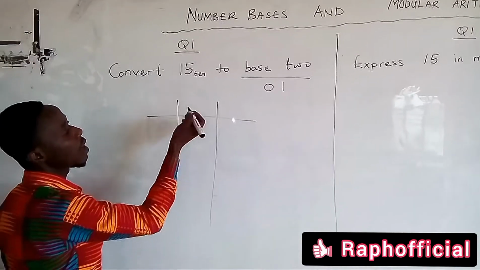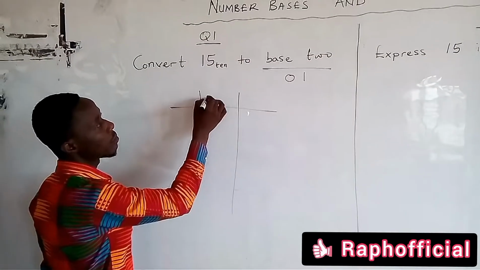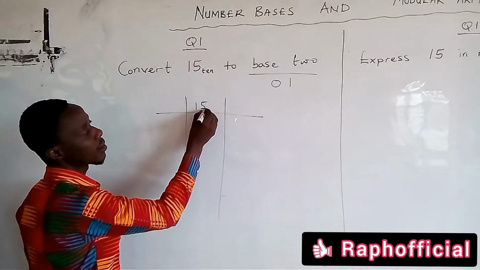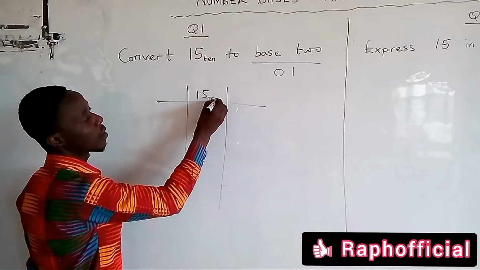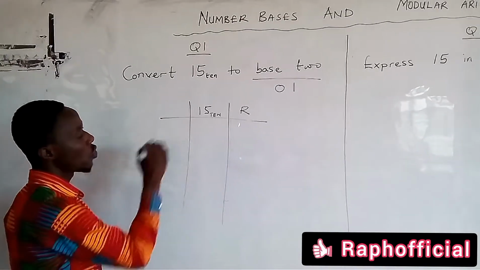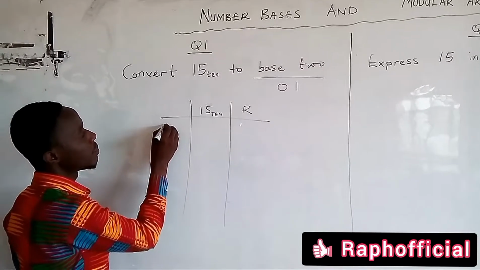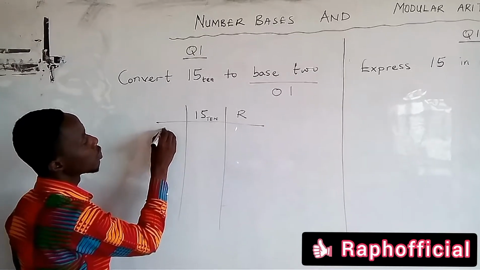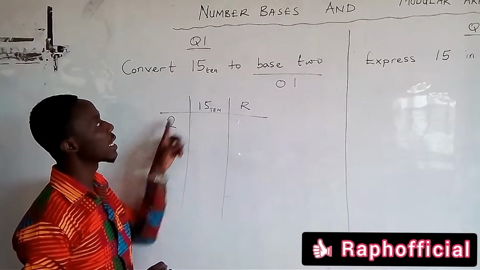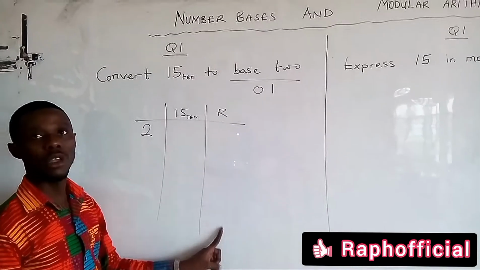This one becomes our number, which is in base 10, and this one is our remainder. So we have to change this one to 2. So we have the base 2 here, 150 base 10, and the remainder that will be our answer.